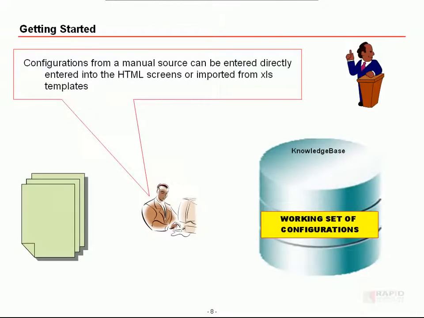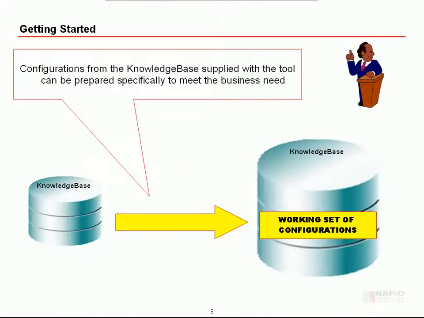If they're manual configurations, you can enter them in either via HTML, or we have a number of Excel templates that you can put the information into and simply upload into the tool.